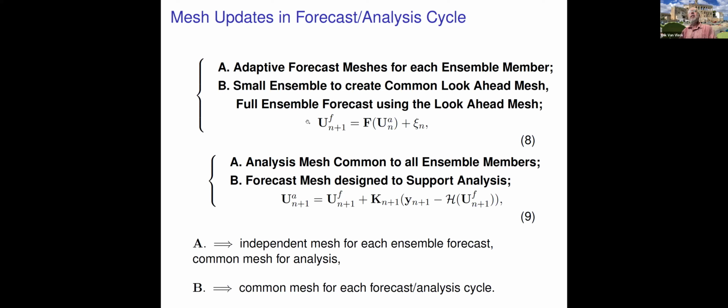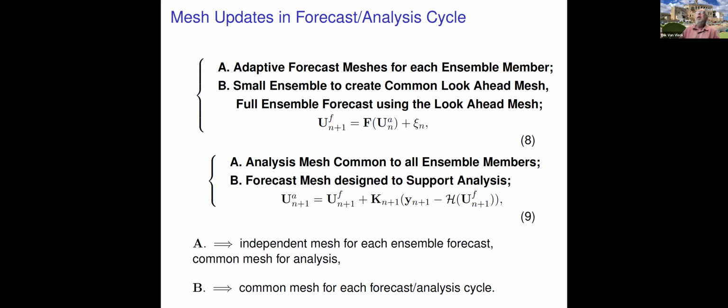Then before we did the analysis, we averaged those meshes to find a mesh that was pretty good for all the ensemble members and also took into account the location of the observations, so we could move mesh points near where observations are occurring. So we had an independent mesh for each ensemble forecast and a common mesh for analysis.